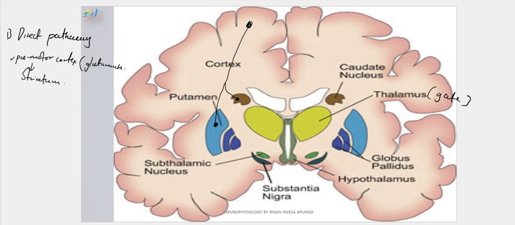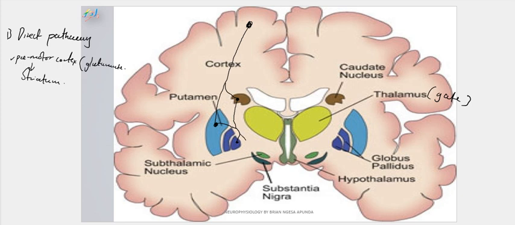So signal from the striatum. So let's just combine them so that we have caudate and putamen. So signal from this part will be relayed into the globus pallidus internus, and not only being relayed to the globus pallidus internus, but also relayed to the substantia nigra.